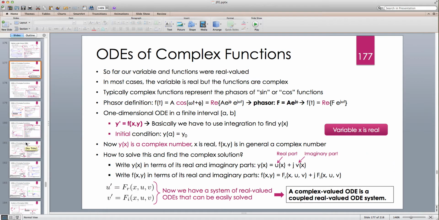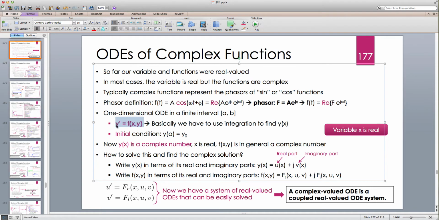And then the next question is that, okay, so far we have looked at the equations for which all of the functions, for example, if you look at this, y prime equals f of x and y, were real. X is a real variable and y is a real function.